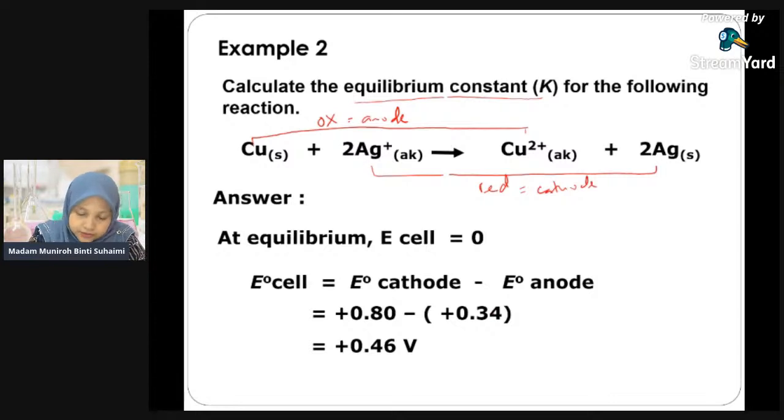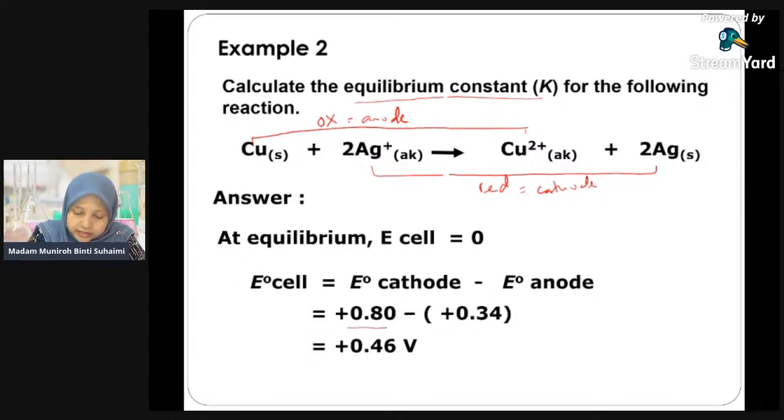Okay, first we will calculate the E naught cell. We use the formula E naught cathode minus E naught anode, and refer to the SRP table, the standard reduction potential table. E naught for the cathode, which is silver, is positive 0.8.